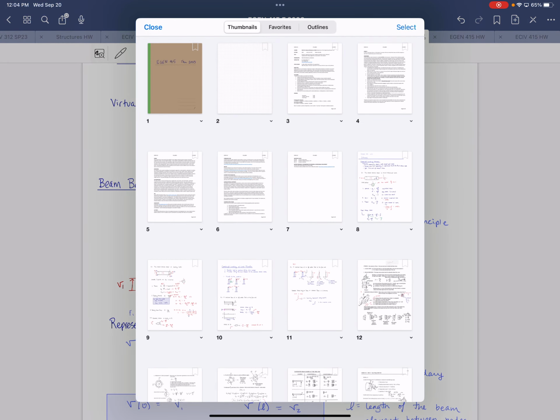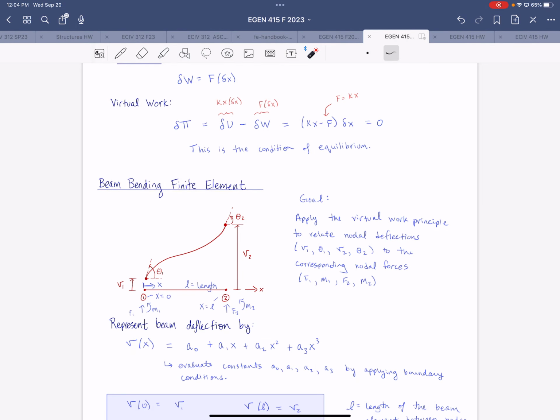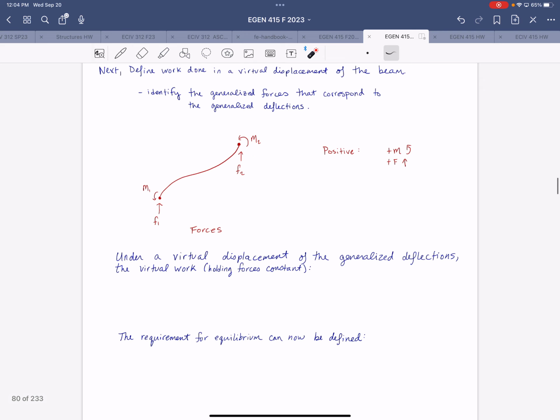So now we're going to focus on those forces. All right, and we have our positive sign convention noted here. So positive moment counterclockwise corresponds to positive counterclockwise rotation, and positive upward force corresponds to positive upward displacement.